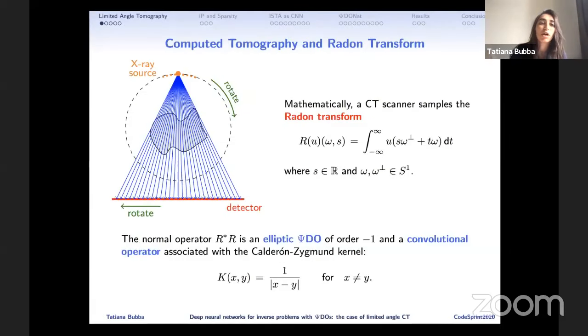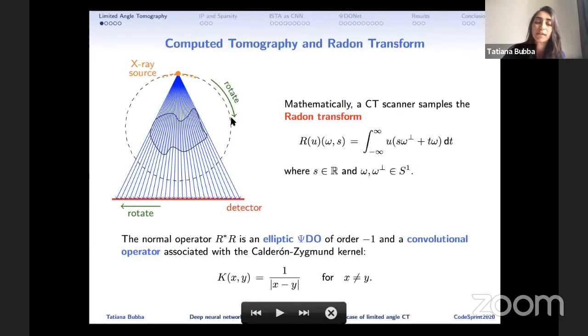Okay, so we saw yesterday what computed tomography is, and that mathematically this can be modeled through the notion of the Radon transform. There is not much new with respect to yesterday, so mostly just the notation: our target is denoted by U and the Radon transform is denoted by R. Omega here is the angle that gives us the information about the rotation with respect to the plane, and S is our offset.